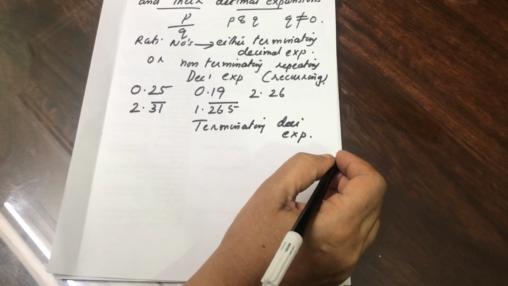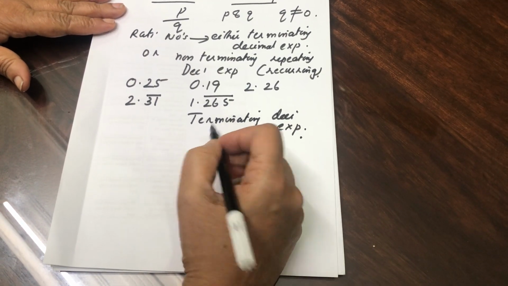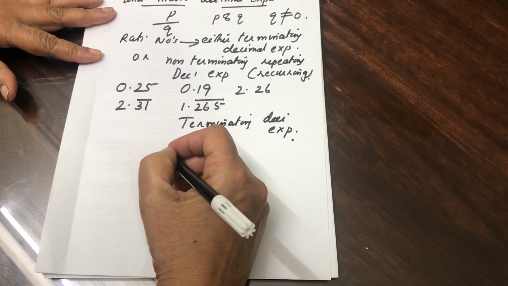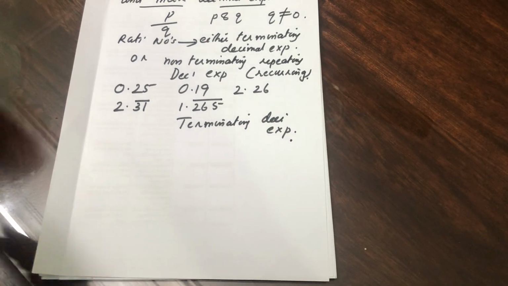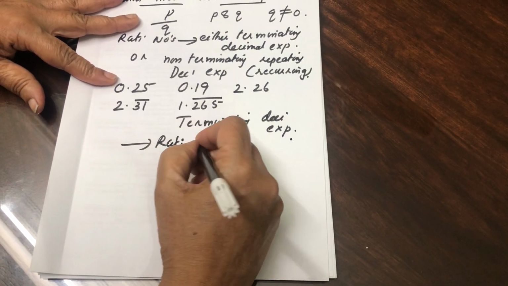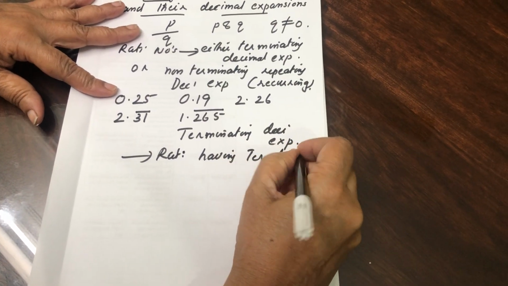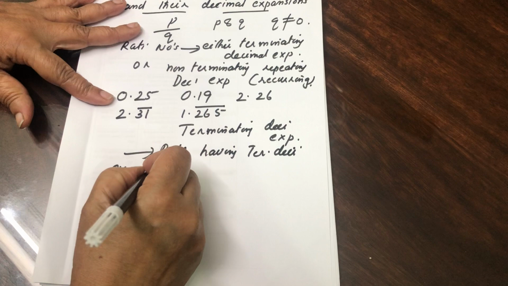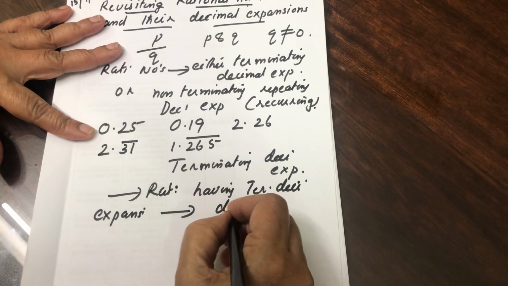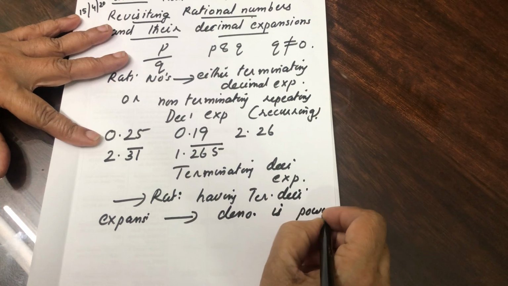So any rational number having terminating decimal expansion can be written as a rational number whose denominator is some power of 10.